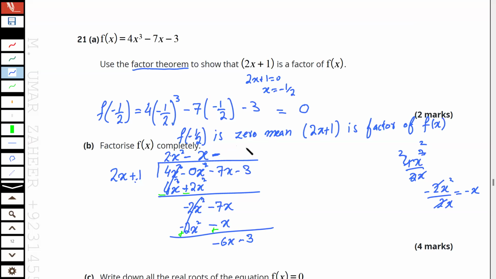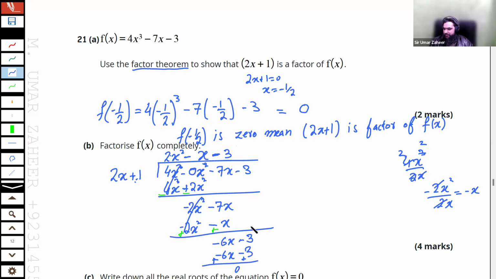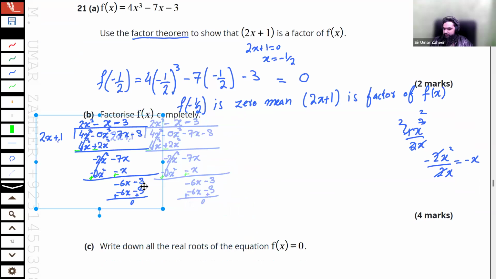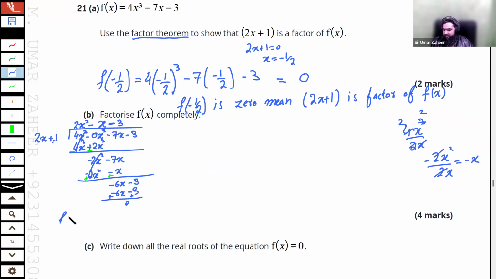We divide minus 6x by 2x, so you would get minus 3. So 2x multiplied by minus 3 will be minus 6x. 1 multiplied by minus 3 will be minus 3. Change the sign. So I get f of x is equal to 2x plus 1 into 2x squared minus x minus 3.